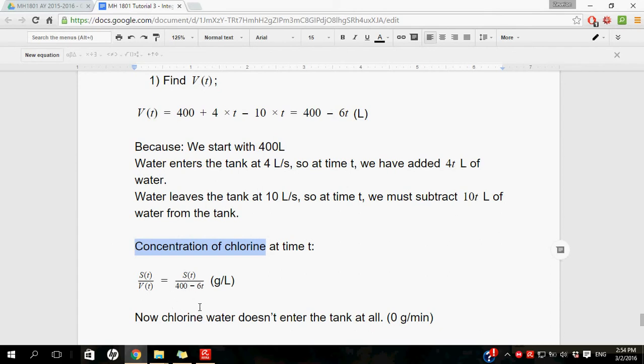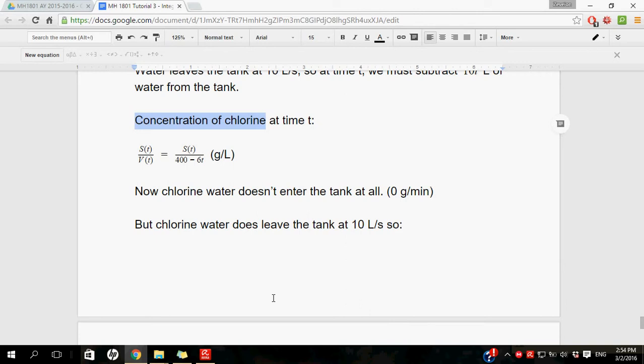We have our formula for volume, so we plug it in. It gives us S of t divided by 400 minus 6t. Moreover, the question tells us that water with chlorine doesn't enter the tank at all.